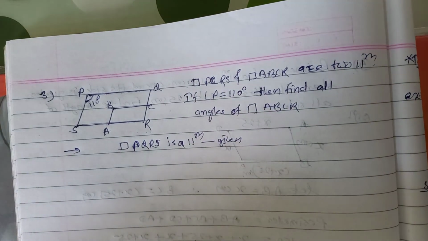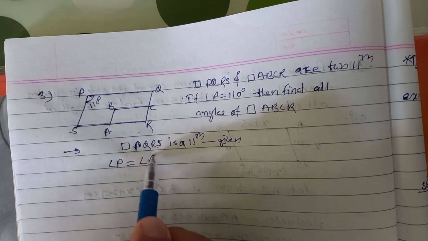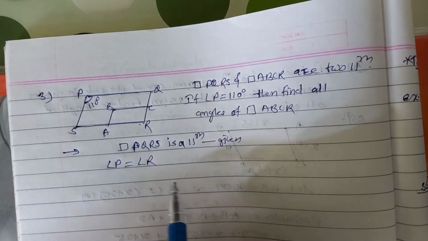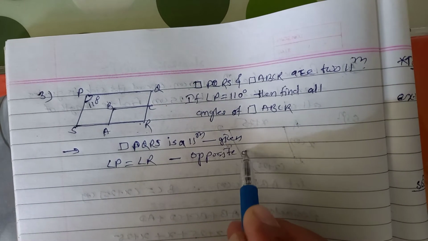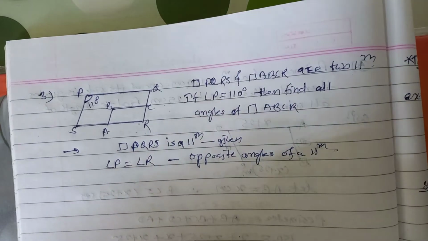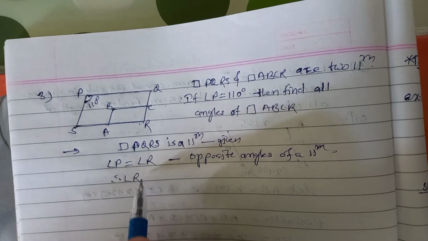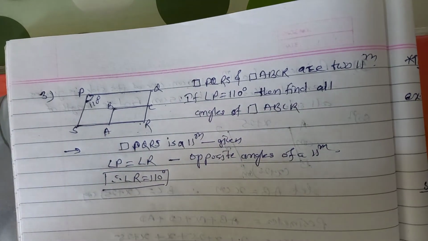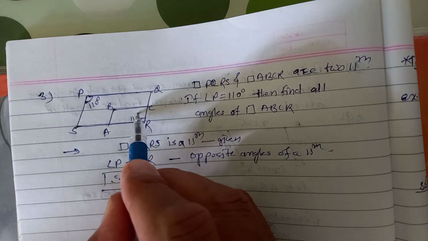Okay, given. So we can say here P is equal to R. How? P equal to R. These are the opposite angles of a parallelogram. So P is given 110. So therefore angle R is also 110 degrees. Okay, we found one angle. This is 110 degrees.